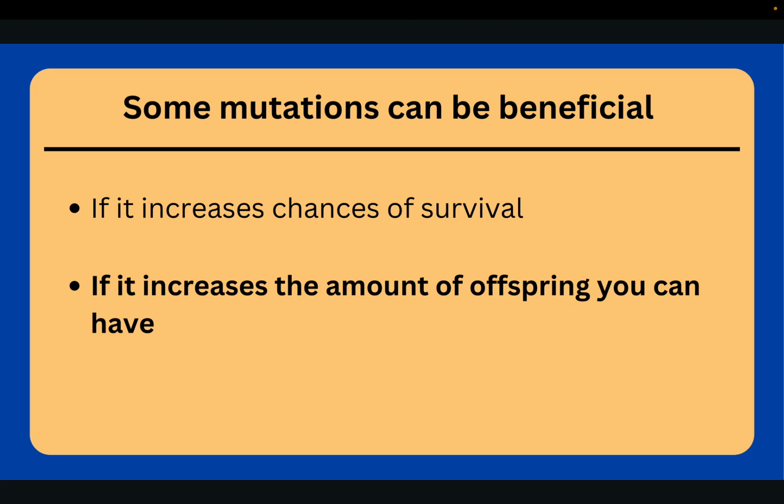That's not going to affect your survival too much, but it will definitely affect your reproductive success. So you will be a little bit flashier, the females will be a little bit more interested, you might have a few more kids than everybody else, and that would be a beneficial mutation.